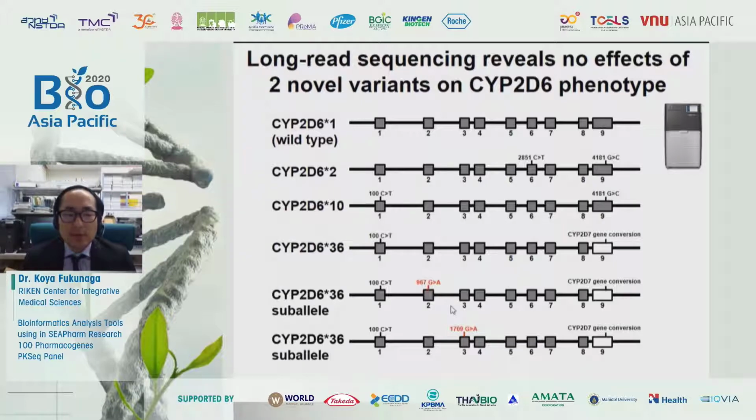When we detected a novel variation, we sometimes judged it to be carried on CYP2D6 star 1 wild type without detecting the haplotype. As shown in this slide, novel variations did not always carry on wild type, such as pathogenic variants. Therefore, when we detect novel variations, we must confirm the haplotype between novel and known variations.